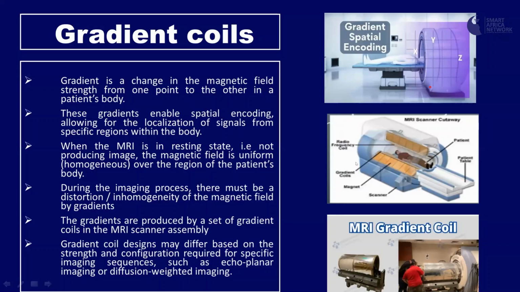It has a homogeneous magnetic field over the region of the patient's body. But when gradients are introduced, it causes an inhomogeneity, which is needed to produce these signals. So that's the work of these gradients. These gradient designs may differ depending on the manufacturer. The duty of the gradient is to change the magnetic field strength from one point of the patient's body to the next.